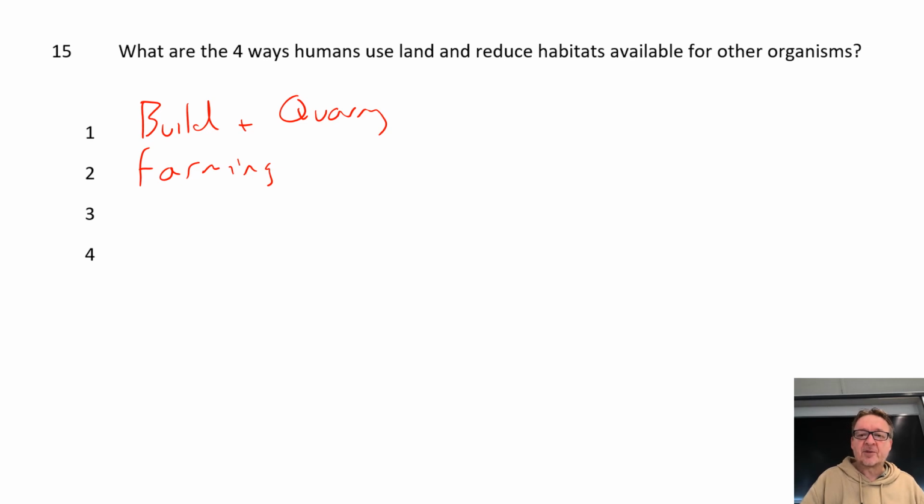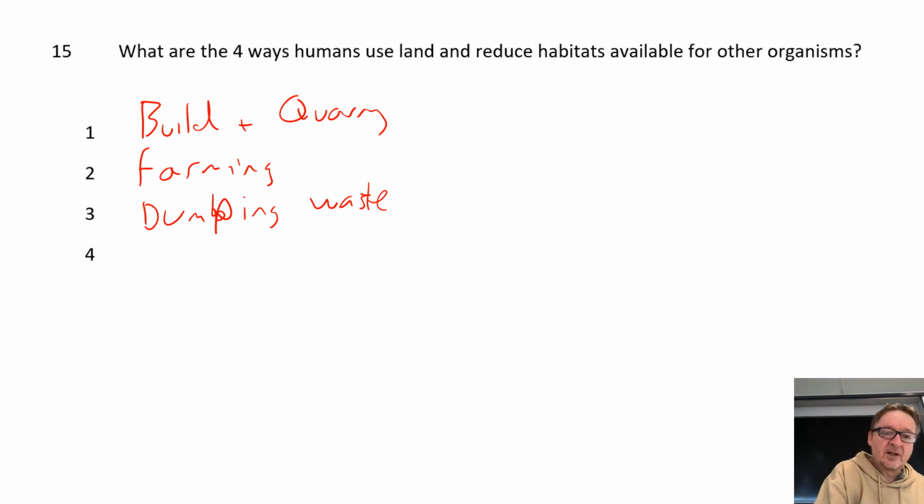The rainforest, chop the rainforest down, and it reduces the habitats available for the animals that live in the rainforest. Dumping waste, right? So we chuck it in landfill, or we do whatever else we're going to do with it, dumping waste. And we're also destroying peat bogs.